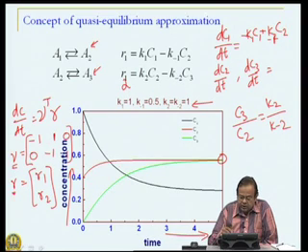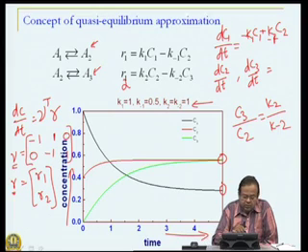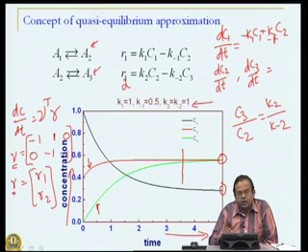Here, as I said, the final values are same, initial values are same, but C2 and C3 values are significantly different for at least quite some time, maybe up to here, and then they merge onto each other. So, that is the difference between these two simulations or these two reactions.